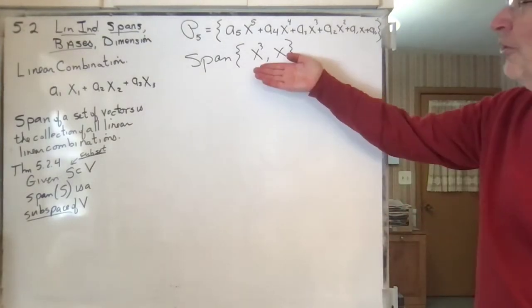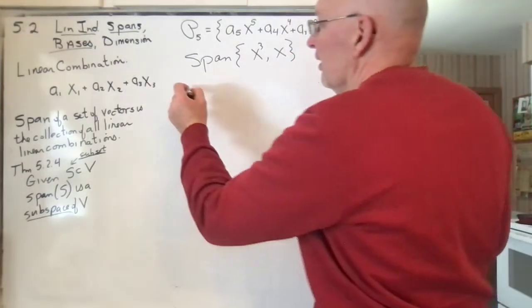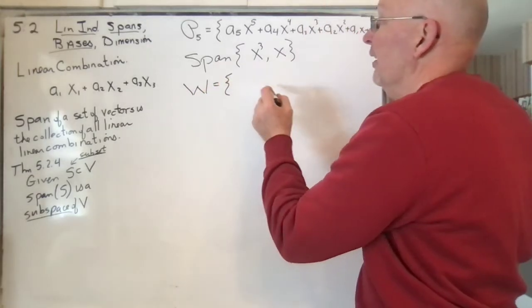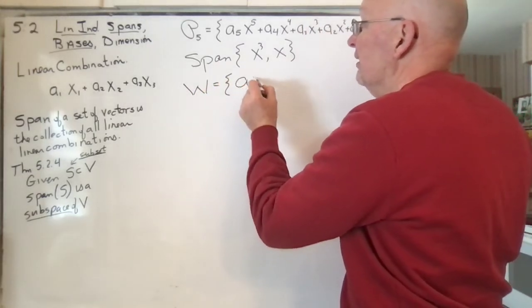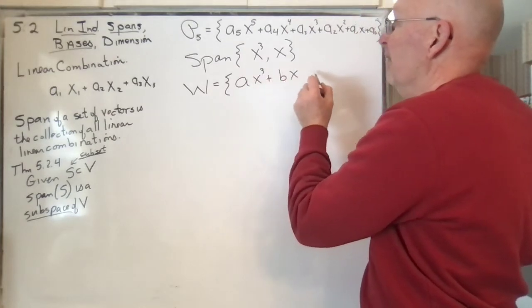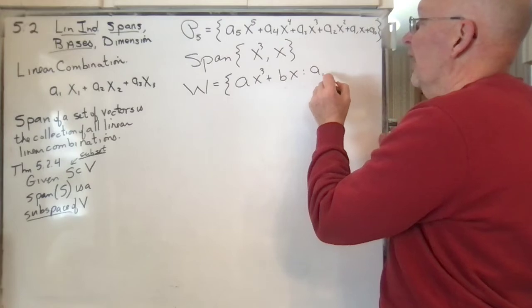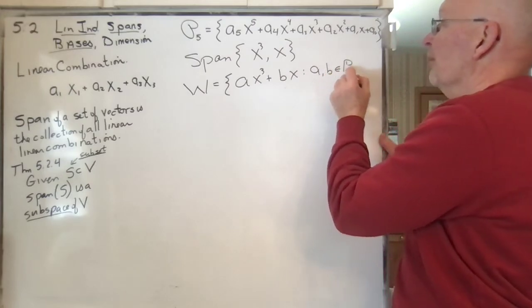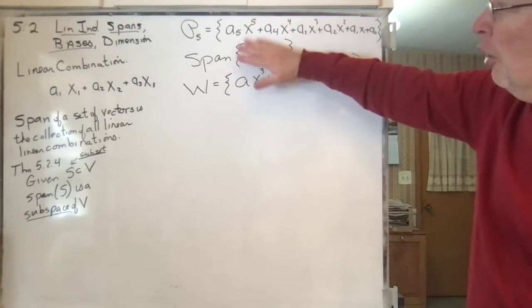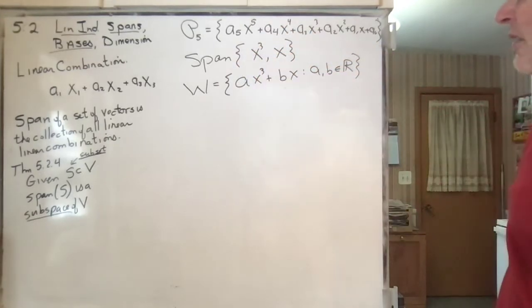So what's the span of that going to be? Let's call that W. So W is going to be everything of the form a times x cubed plus bx. It's going to be everything of the form like that, where a and b are real numbers. Okay? So that's the span. It's all linear combinations of those things.